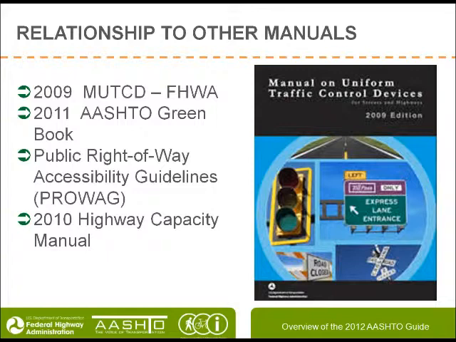And then it also refers to the 2010 Highway Capacity Manual. There's quite a bit more in that version of the HCM on bicycle level of service and using tools to determine the right treatment for bicyclists. And so that's incorporated into the AASHTO Bike Guide as well.